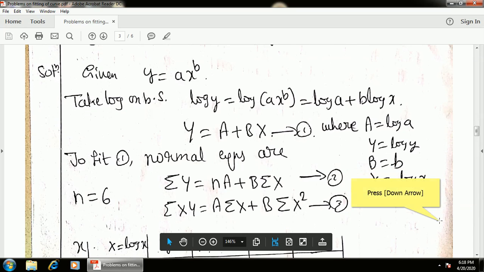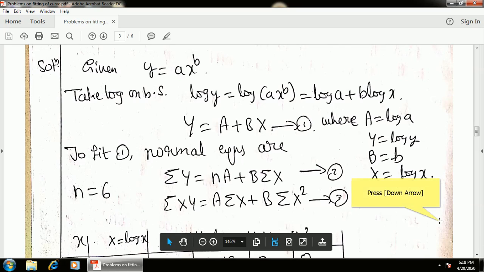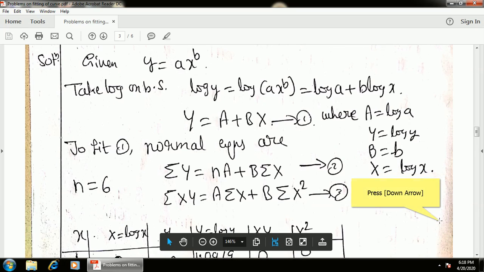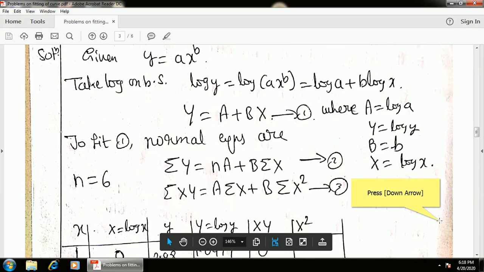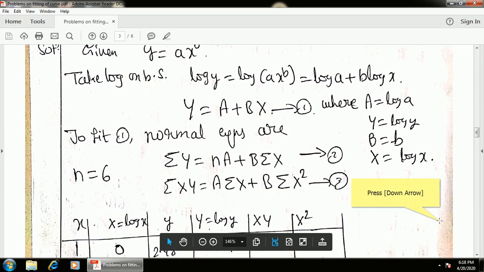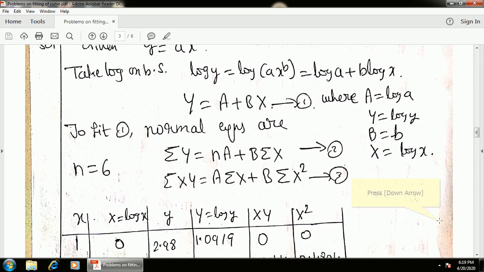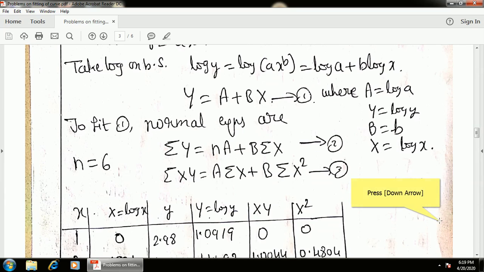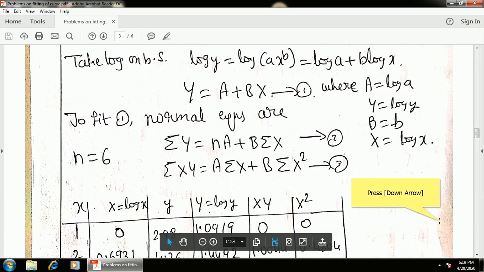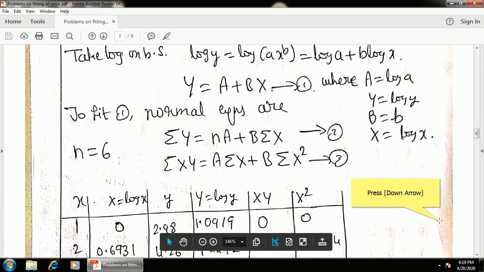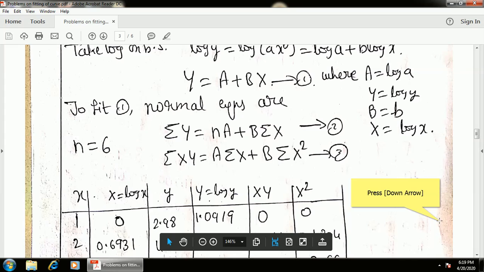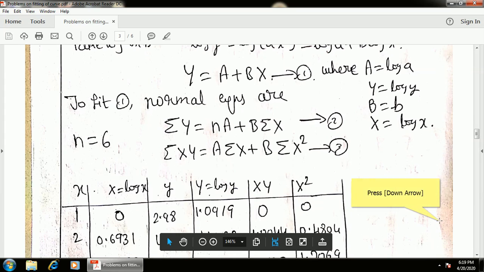Sigma Y is equal to nA plus b into sigma X. Multiplied throughout by capital X, sigma XY is equal to A into sigma X plus b into sigma X square.